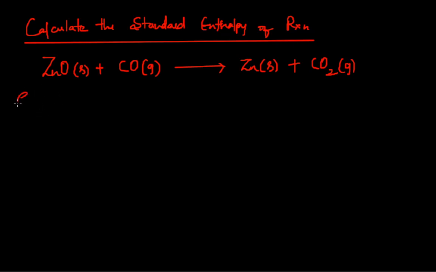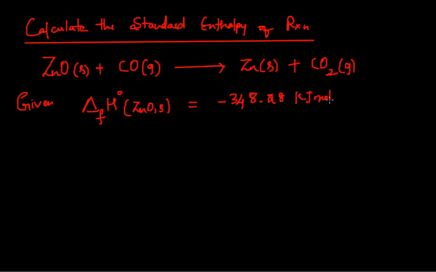So what is given? Given delta H formation of zinc oxide solid is minus kilojoules per mole.